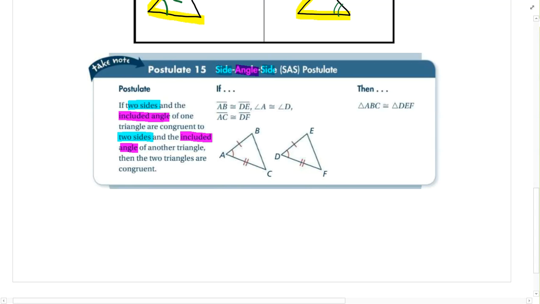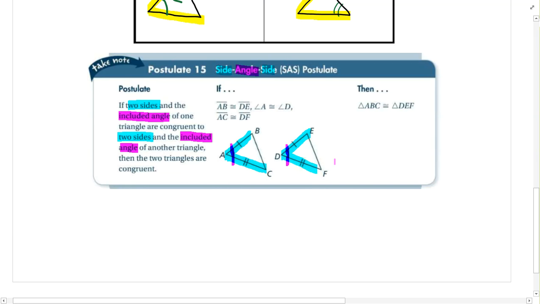Okay, so here we're talking about this side is congruent to that side, and this side is congruent to that side. So those are the sides that we're talking about. So our included angles have to be A and D. Those are the ones in between the sides. All right, and if it's not those two angles, then it doesn't work.